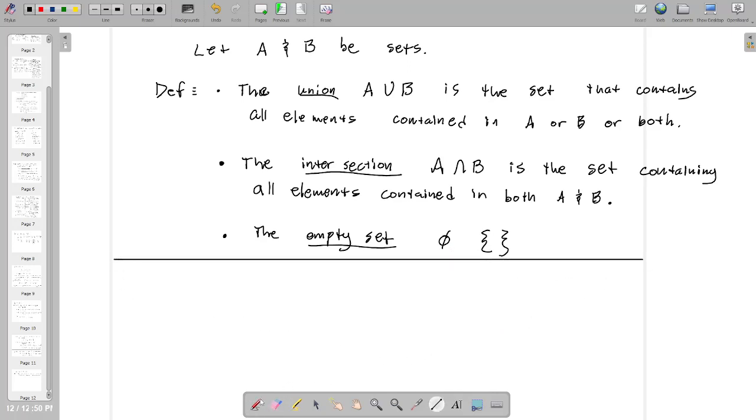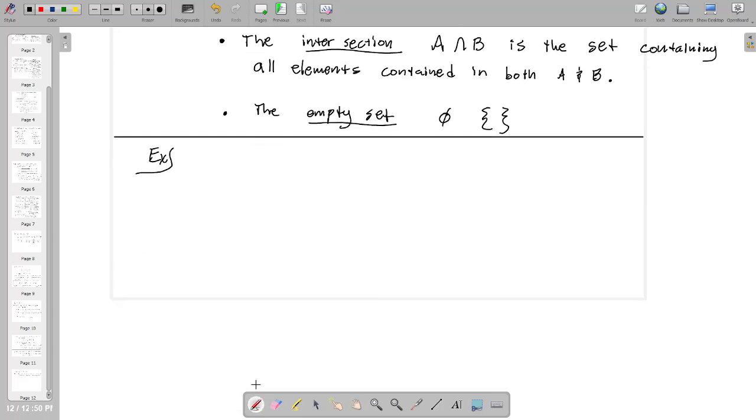That's the name. Now let's do an example here. I'm going to write out a couple of sets. We'll call the set J equal to the set Yoda, Cal Kestis, Grogu, Luke, Ezra, Kanan.